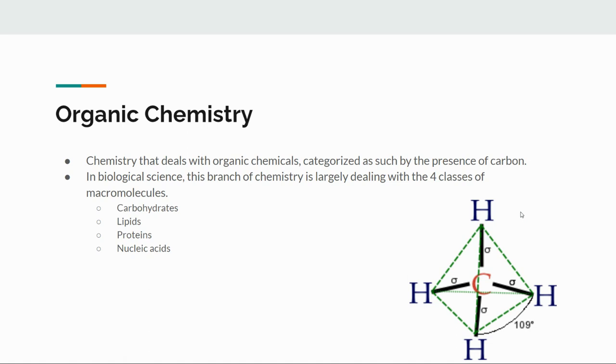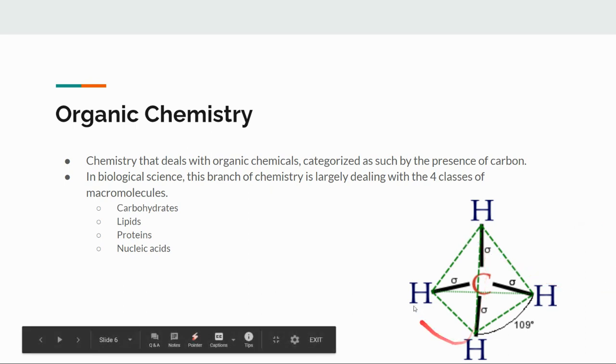All right, so in biological science, this branch of chemistry is largely dealing with four classes of macromolecules: carbohydrates, lipids, proteins, and nucleic acids. And with organic chemistry, carbon is typically going to be focused on. Carbon is the backbone of life, and we'll talk about that here in a minute.